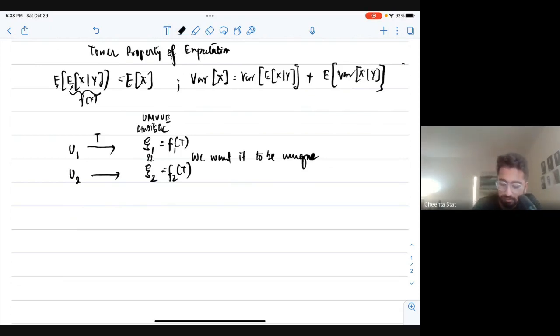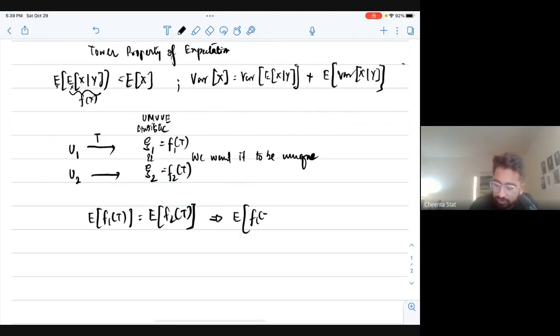Their expected value is also equal because they're unbiased. So it implies that we can write this as the expectation of f1(T) minus f2(T) is equal to 0.